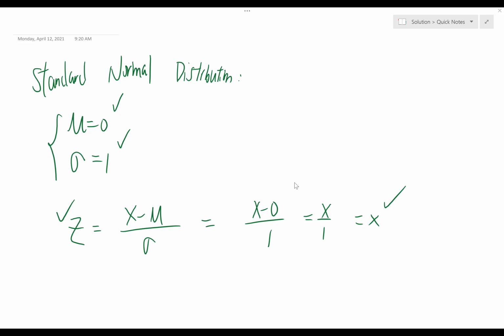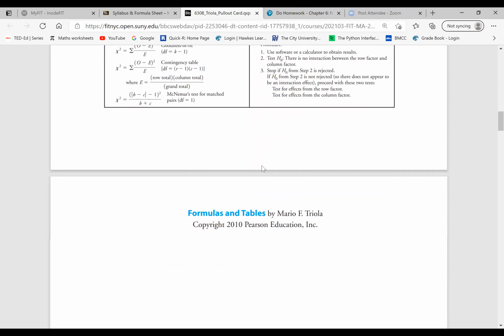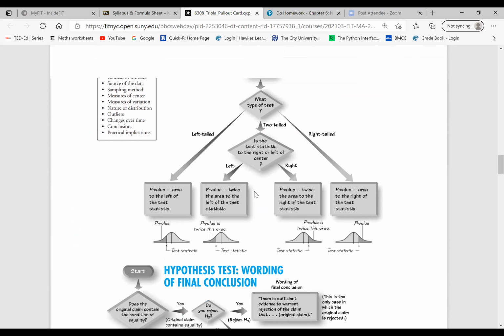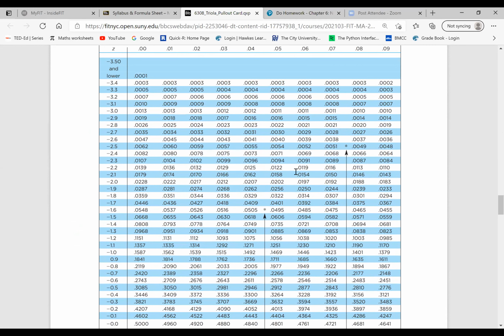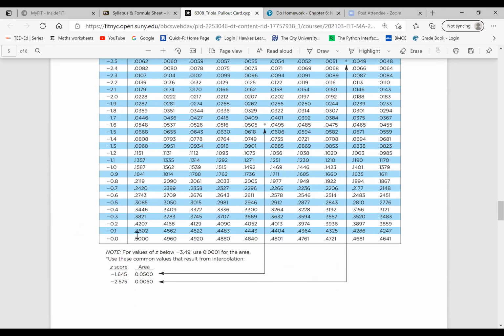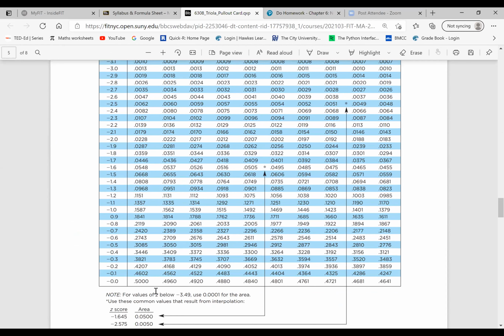Okay. All right, so open your formula sheet. Let's go to table A2 in your formula sheet. If you go down a little bit, you should be able to find the table. It's on the second page because the probability is bigger than 0.5, right? On the first page, the probabilities go all the way up to 0.5.